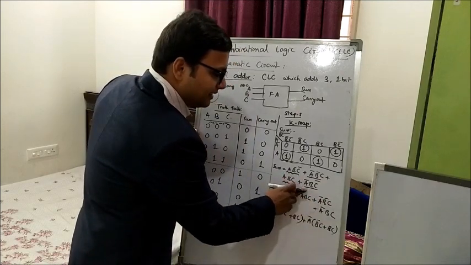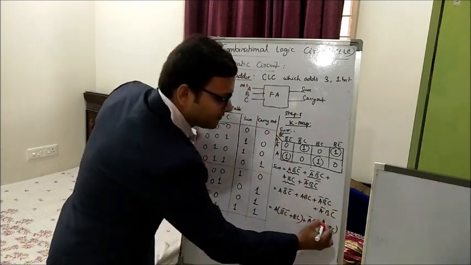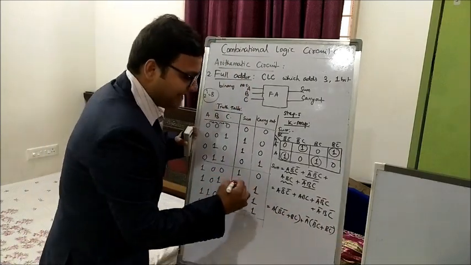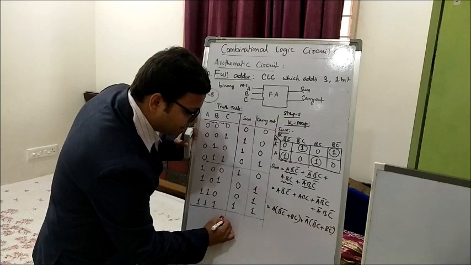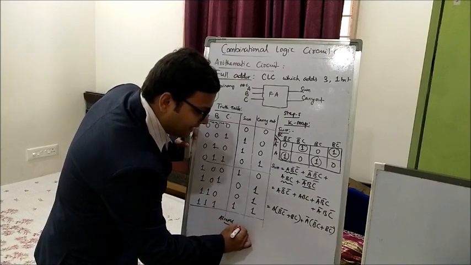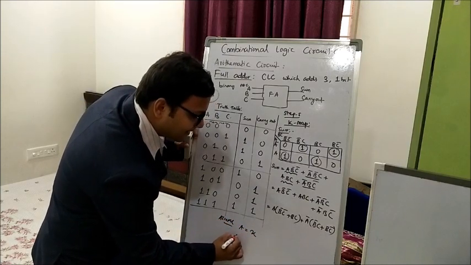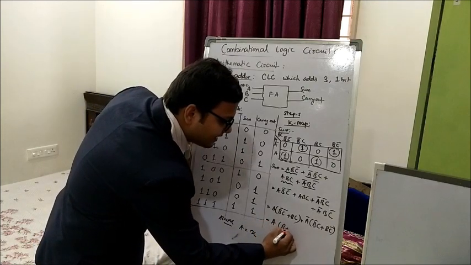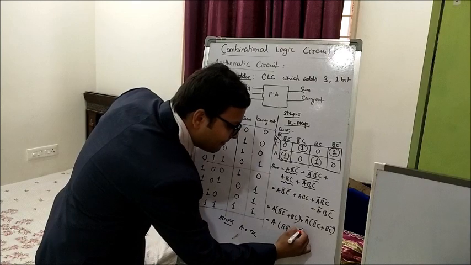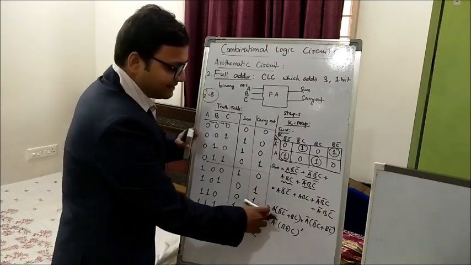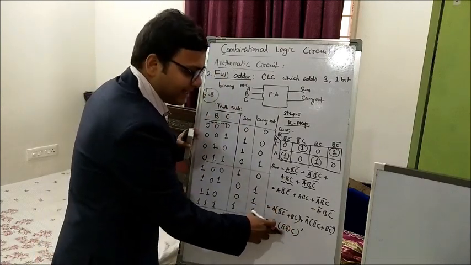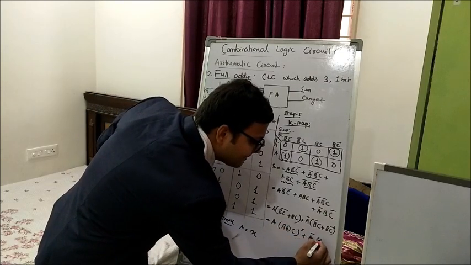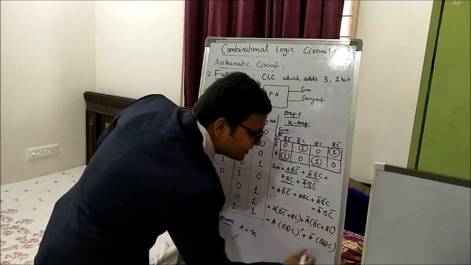Next, what I am going to do? Here I can write this as B XOR C bar, because it is B XOR C. I can write A (B XOR C) bar plus A bar (B XOR C).